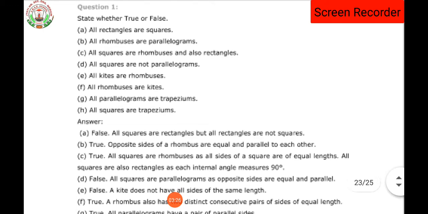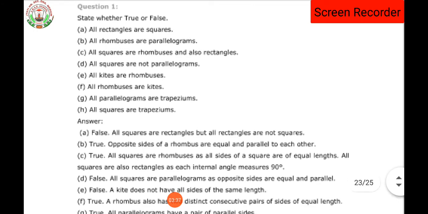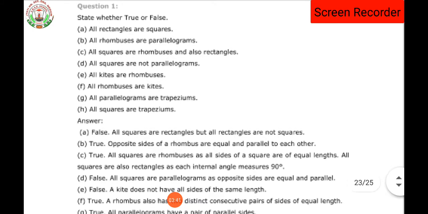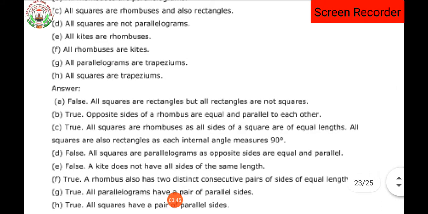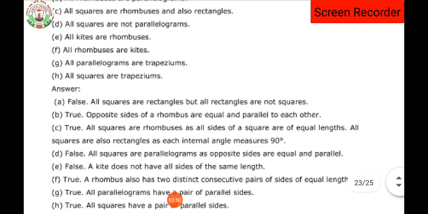Now part D: all squares are not parallelograms. False. All squares are parallelograms as opposite sides are equal and parallel. Then part E: all kites are rhombuses. The answer is false. A kite does not have all sides of the same length. Clear? Part F: all rhombuses are kites.